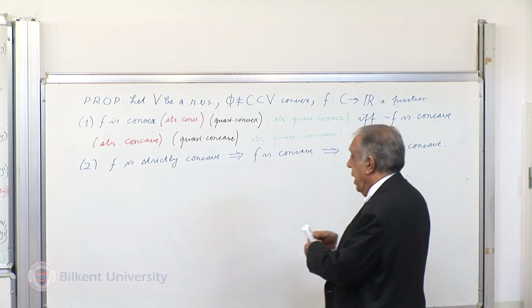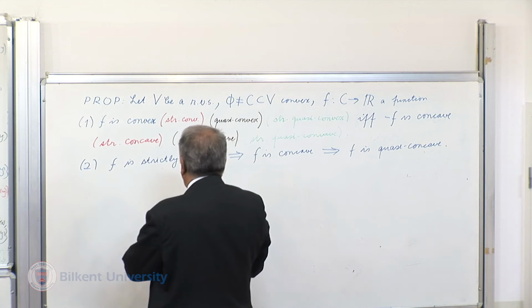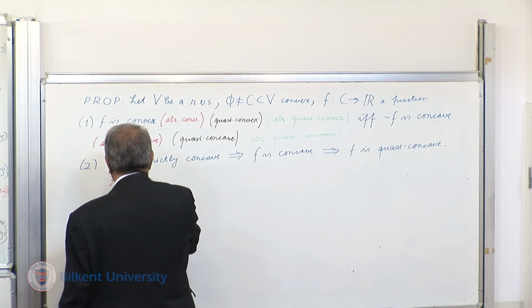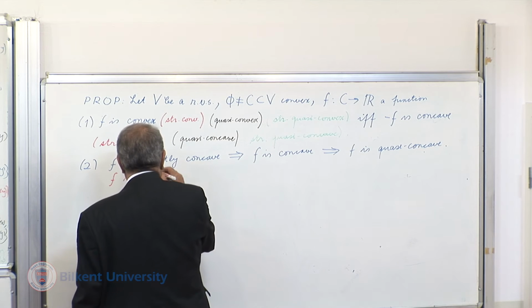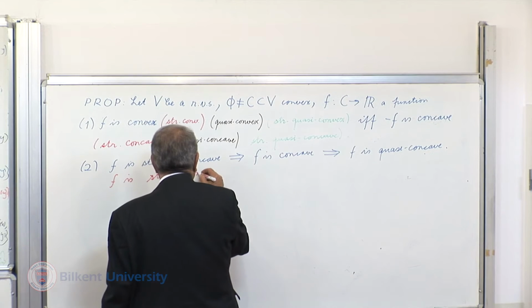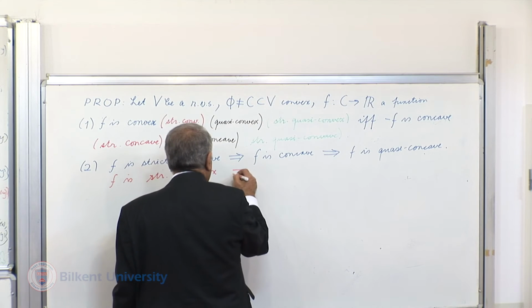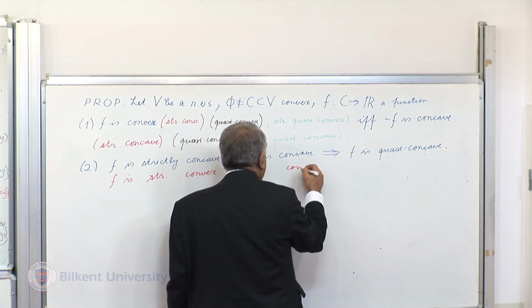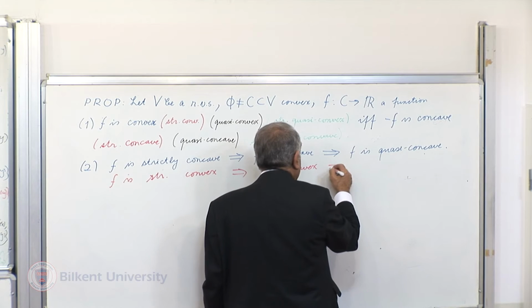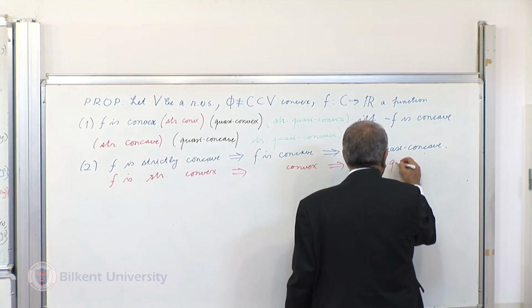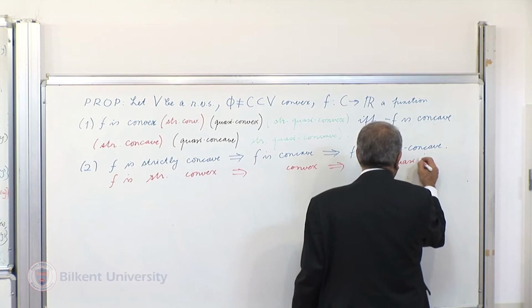And of course you have the convex version of this. f is strictly convex implies f is convex. That implies f is quasi-convex.